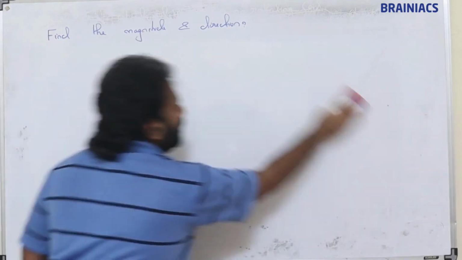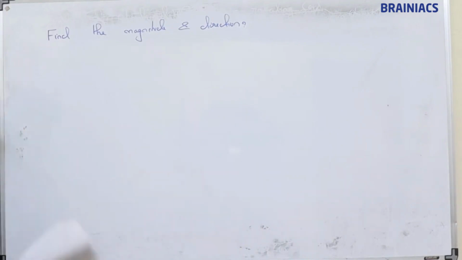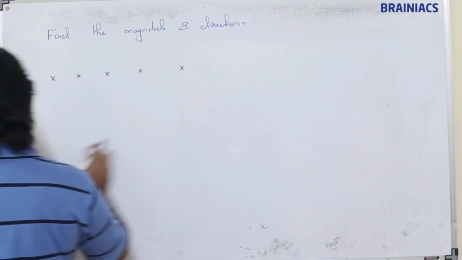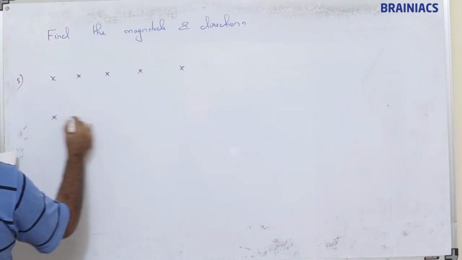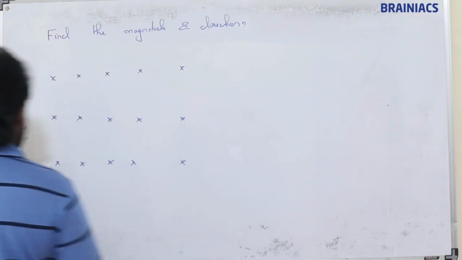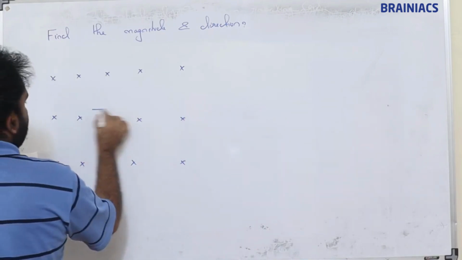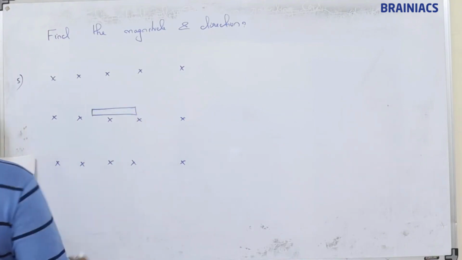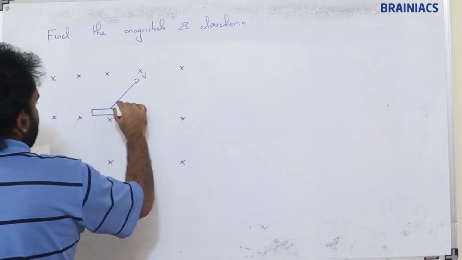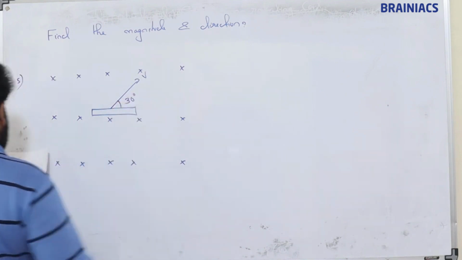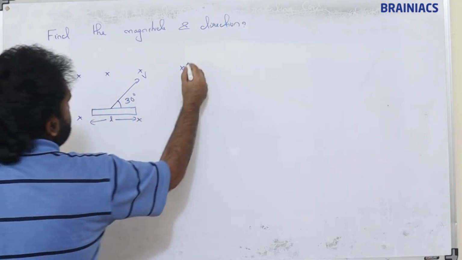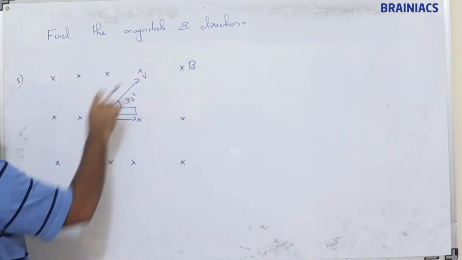Okay children, take another question. Question number 5 of this category. This is the direction of magnetic field. A conductor is moving in this direction at an angle 30 degree, and its length is L. This is the direction of B, this is the direction of velocity, this is length.